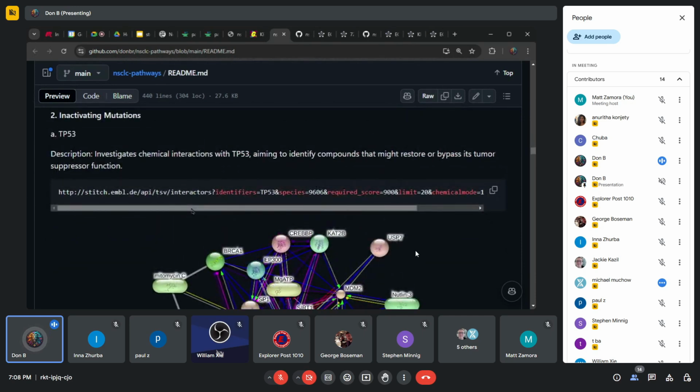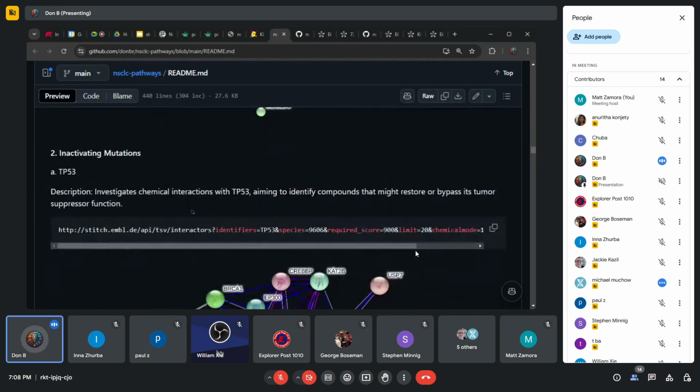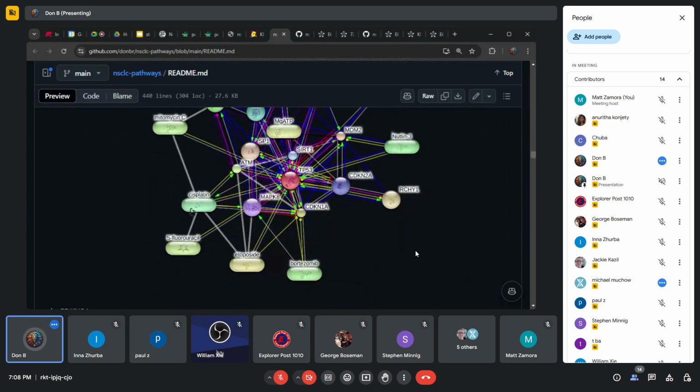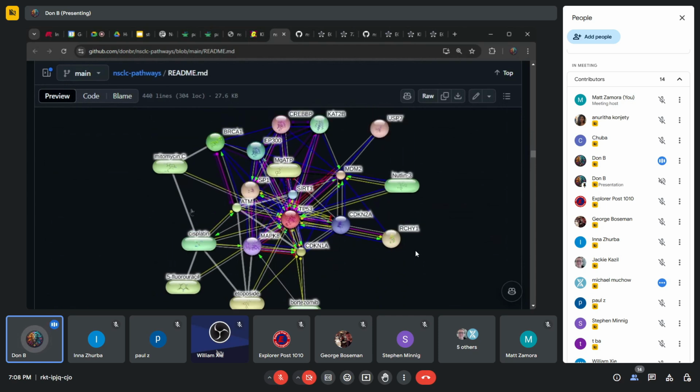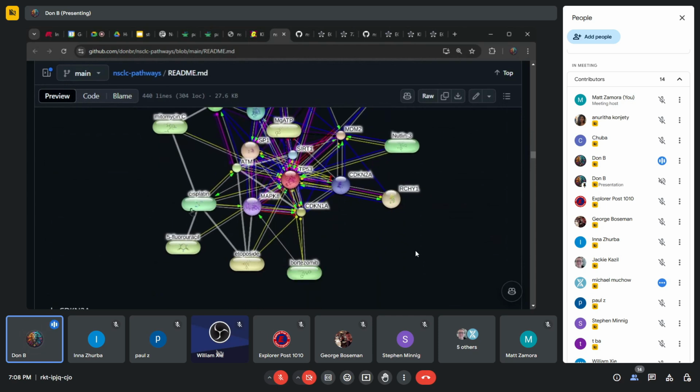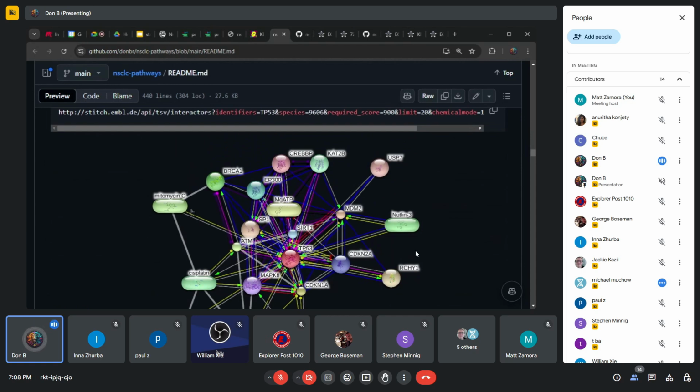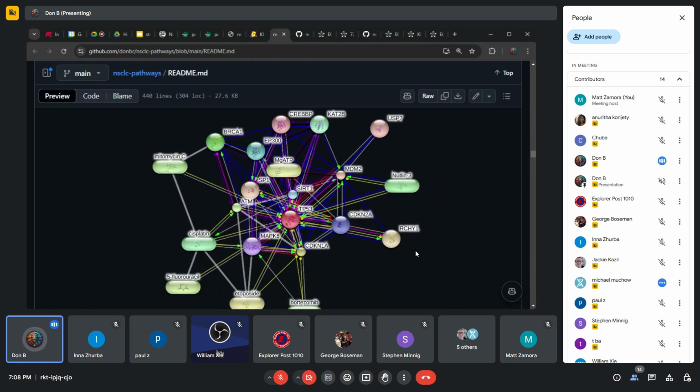So this is inactivating mutations, in the context of TP53 and the related compounds. I won't run it, but I believe, in terms of things that aligned with your paper, Nutlin was a compound that came up.